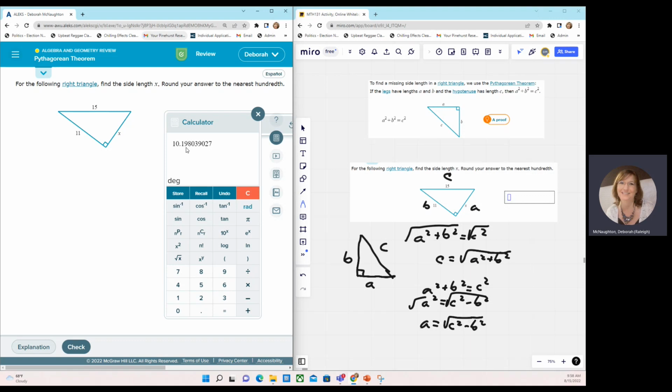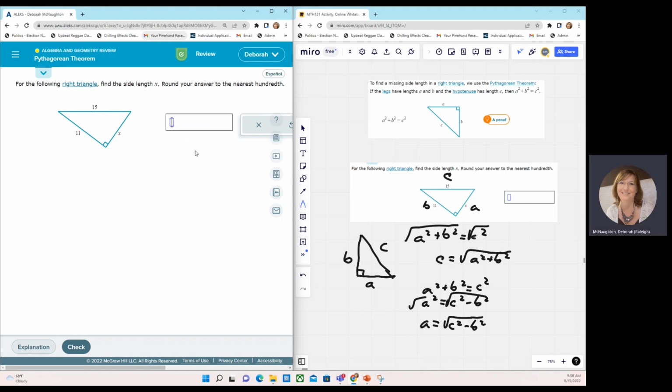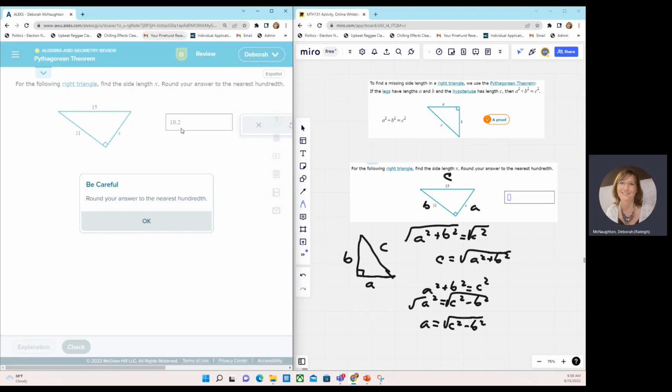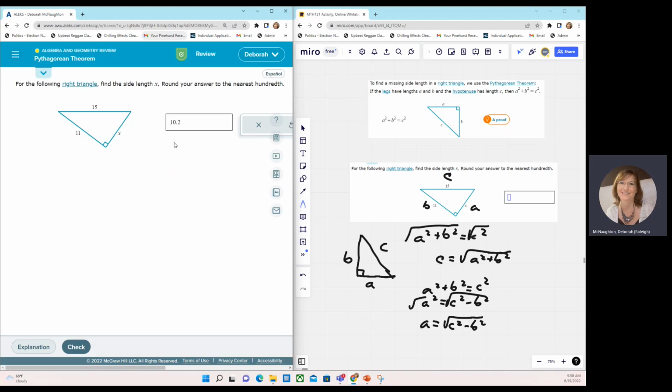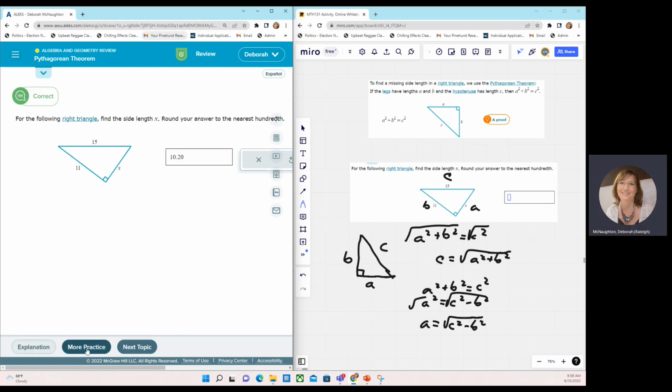That rounds up to, instead of 19, I get 20, so 19.8 rounds up to 20. My answer is going to be 10.2. Put that in, and then we will check our answer. Okay, they want me to add the extra 0. Kind of silly.